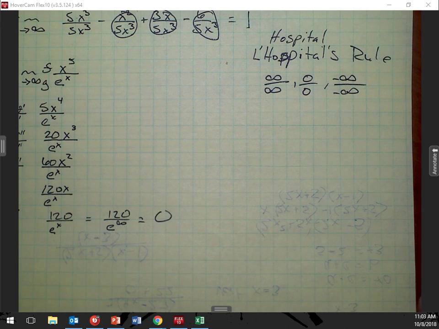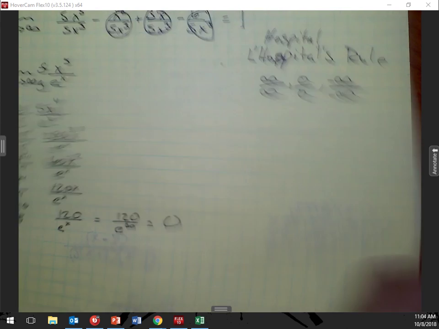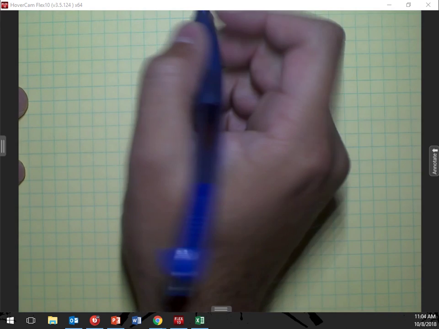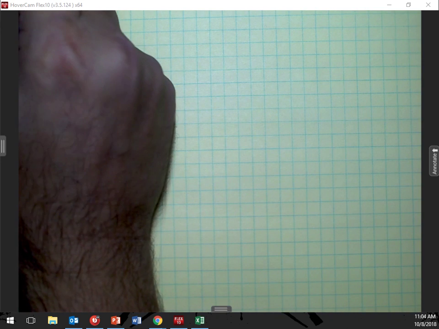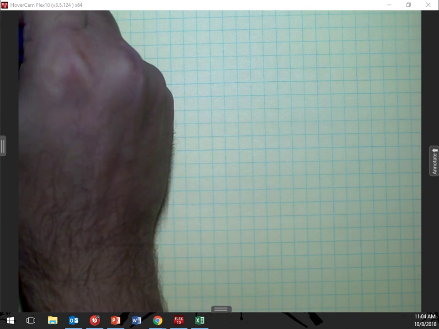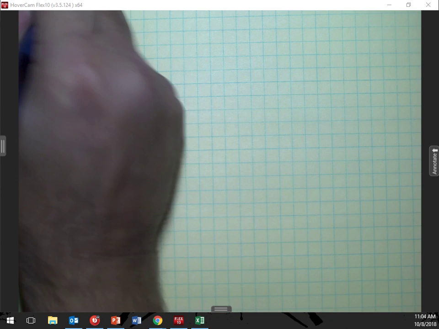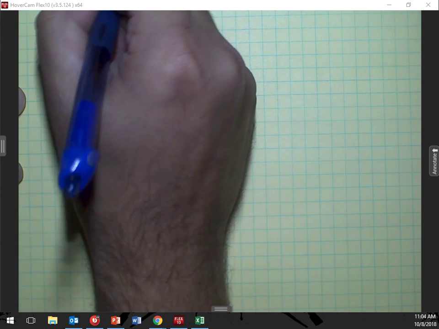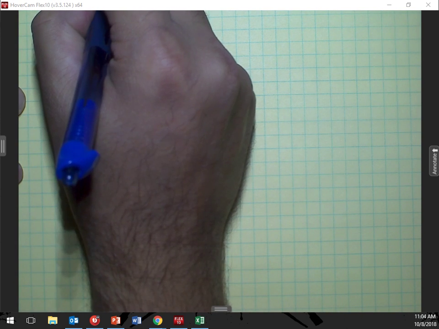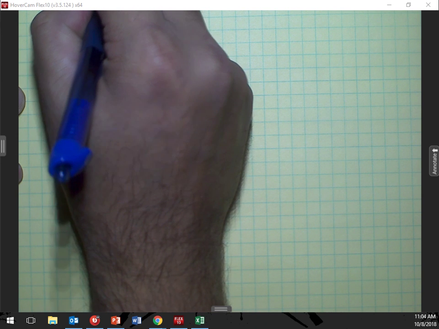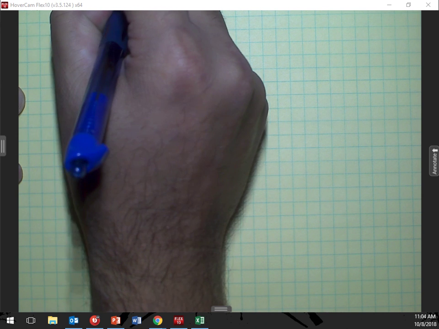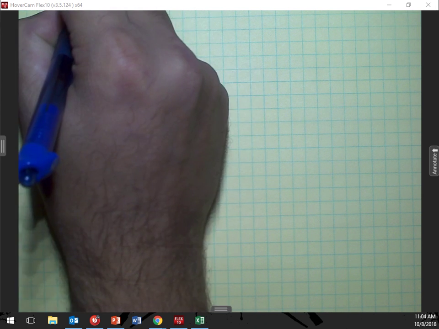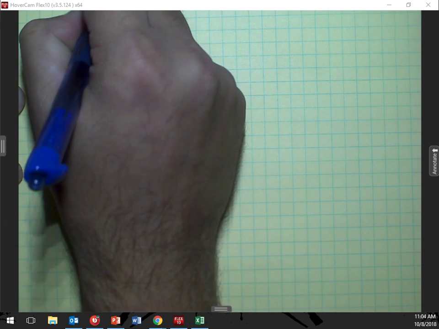All right, so let's take a look at the next one. The next one I have for you guys, we're taking the limit as x approaches infinity, and I have log of the cube root of x, so basic log, over ln x.